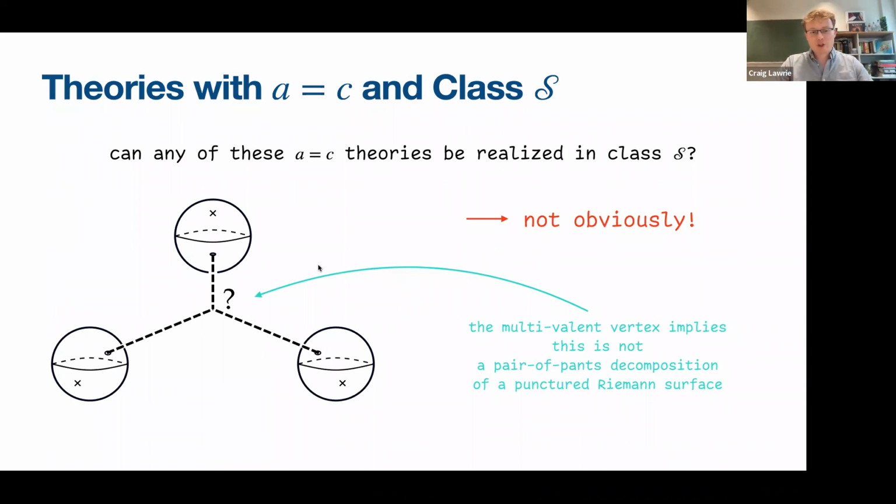Now you see in this picture, think of this maybe as E6 hat G. In that case, you gauge together 3 flavor symmetries simultaneously. So this kind of multivalent vertex would not correspond to a pair of pants decomposition of a punctured Riemann surface. Therefore, naively, this thing is not inside of class S. But in fact, that's not the end of the story. It's only not obviously inside of class S.